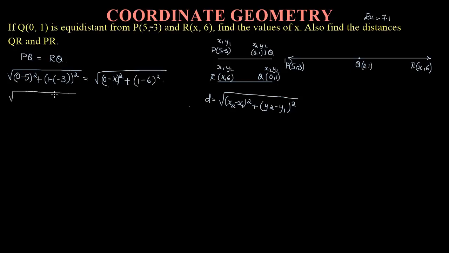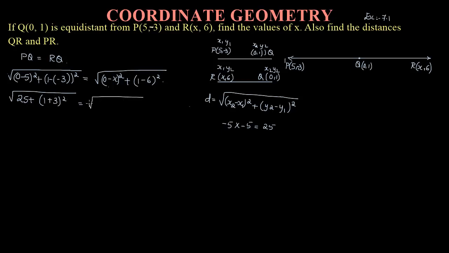So what I'll do here, 0 minus 5 is nothing but -5, and then -5 square is nothing but -5 into -5, which is equals to plus 25, right? So plus 25 plus, here you can observe 1 minus into minus, it will be plus 3 whole square.